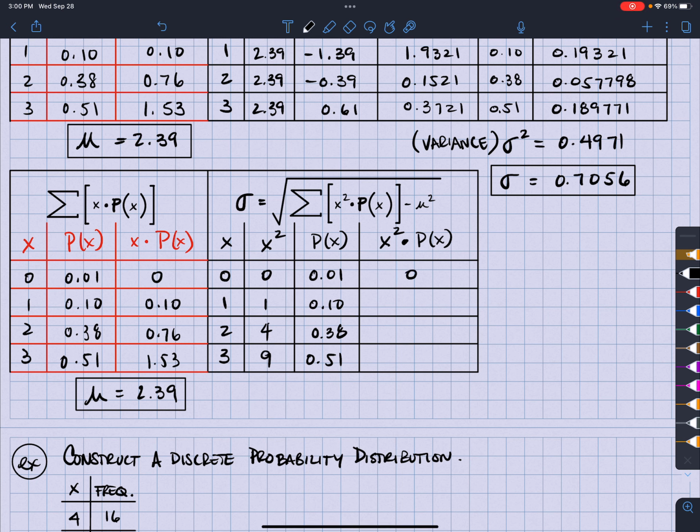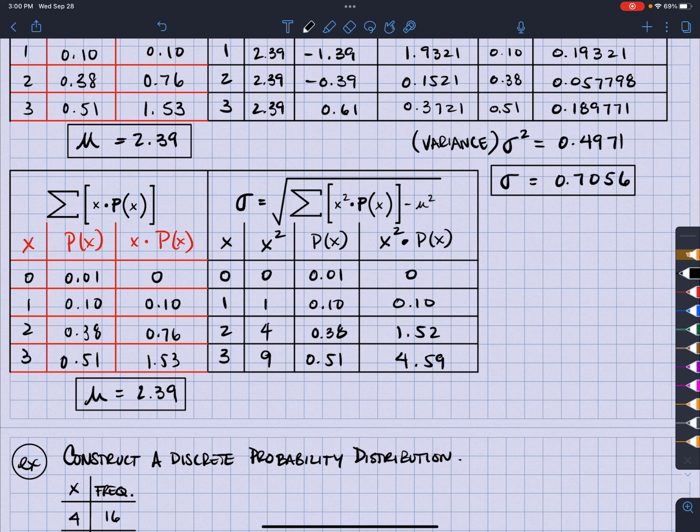1 times 0.1 is 0.1. 4 times 0.38 is going to be 1.52. And 9 times 0.51 is going to give me a 4.59. Okay, so now I have to sum that.